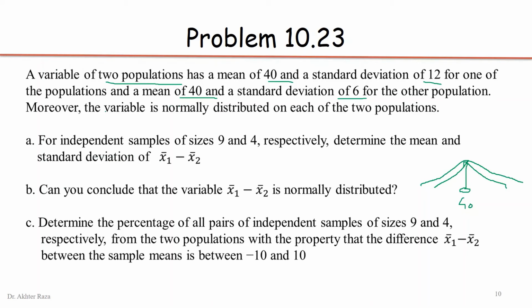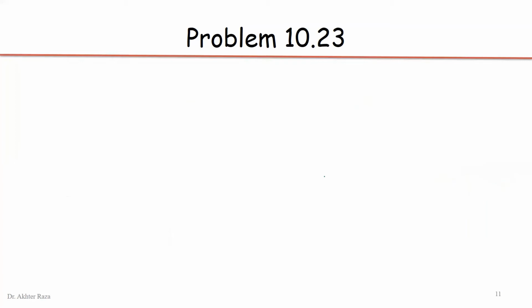So we just have to take the difference of the two population means, which is 40 minus 40. So we can say that it is 0. The mean of the sampling distribution of the difference of the two will be 0. Second one, standard error can be computed by the square root of sigma 1 square upon n1 plus sigma 2 square upon n2. So that is the first part of this problem.